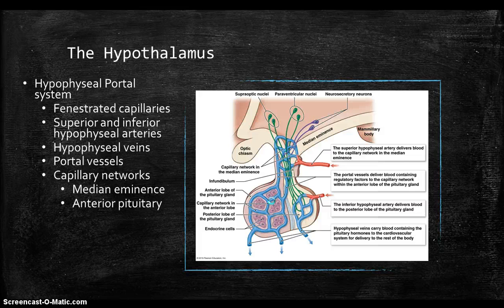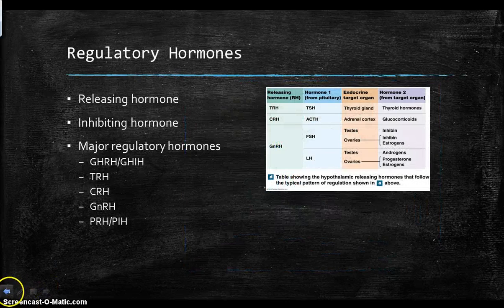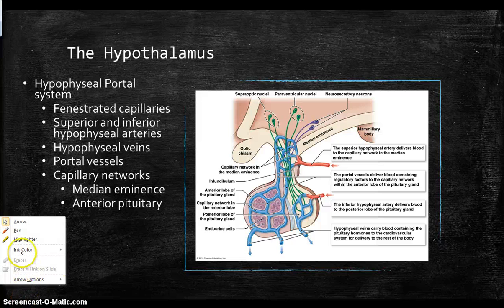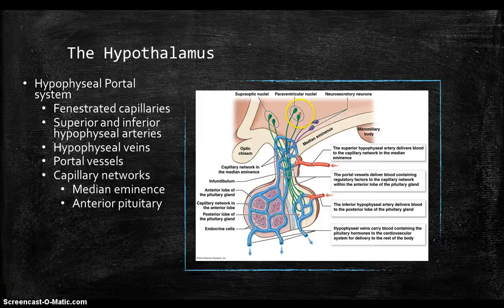The hypophyseal portal system is very interesting. It does not follow the normal pattern of capillary beds. It is a means for moving hormones from the hypothalamus, not only the neurohormones, but also the inhibiting and releasing hormones.